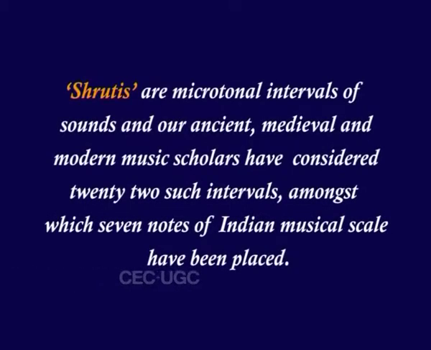Shrutis are the microtonal intervals of sounds, and our ancient, medieval and modern music scholars have considered 22 such intervals, amongst which the 7 notes of Indian musical scales have been placed.